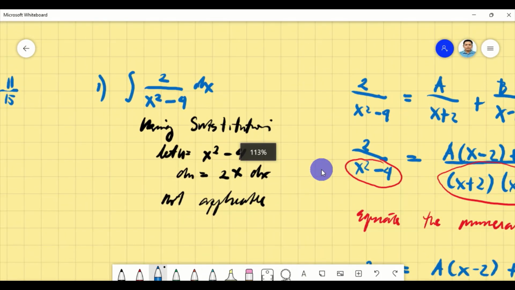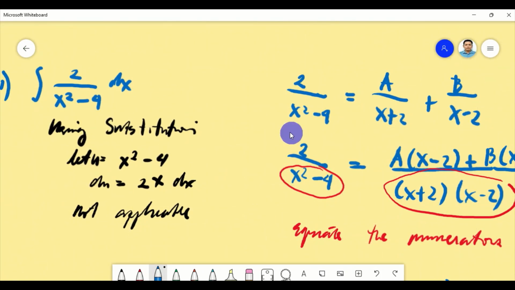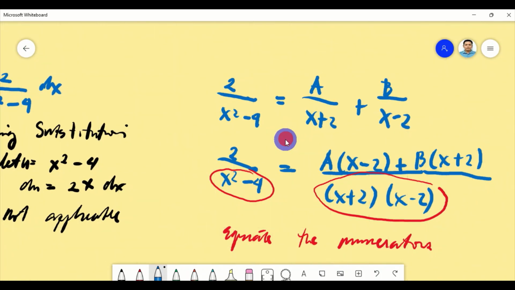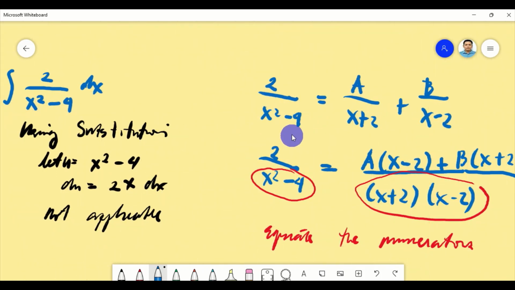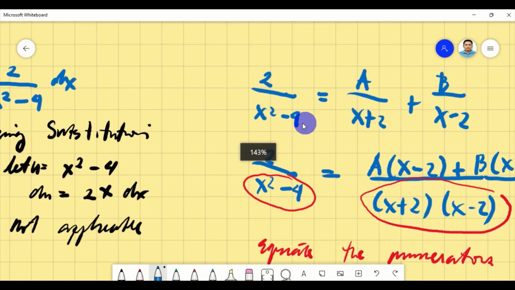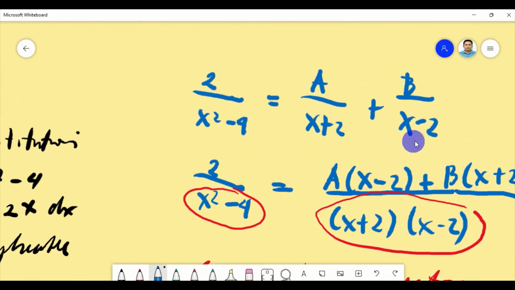So in this case, we will be applying decomposition. We write first your 2 over x squared minus 4, and then we will be looking at the factors of x squared minus 4. You are aware that the factors of x squared minus 4 are x plus 2 and x minus 2.